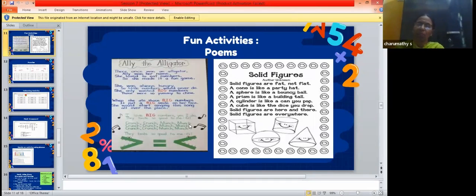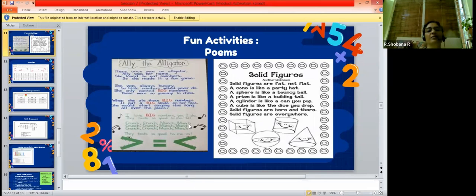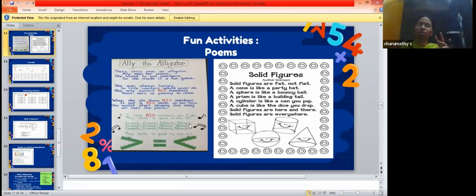And as I suggested also, you can have two children holding flashcards on either side, and a third child is called, and she has to point the hand with the broader part facing the bigger number. So this can also be a simple activity. They love doing that. At a time 3 children are involved.